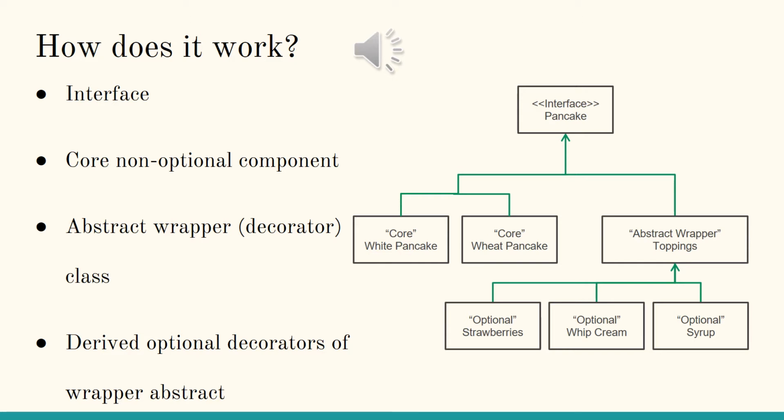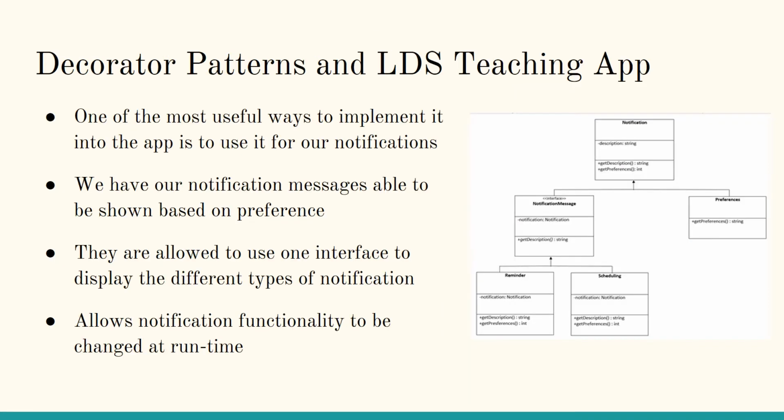It then calls the new derived class of the toppings underneath to add addition to our core. You can think of this as making a new pancake, but then adding on whatever topping needs to be added and keeping this new pancake and topping together. And this allows for more toppings to be put on, as many as you want, and not changing the core class, but instead just adding on to it.